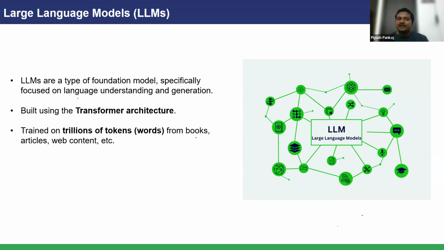Language models were meant to work on languages, the text that we use, to generate new text content. It is a type of foundation model that specializes in language understanding and generating new content in that language. Initially it was only English, now it is in almost all the languages.